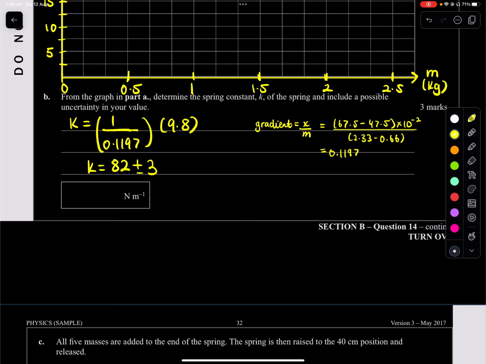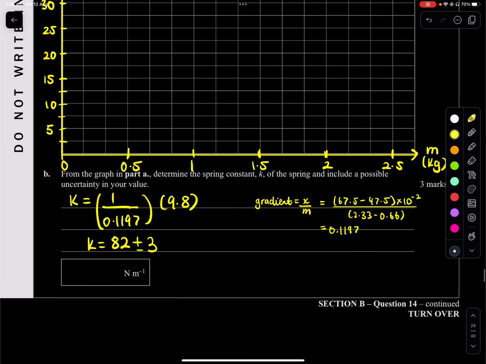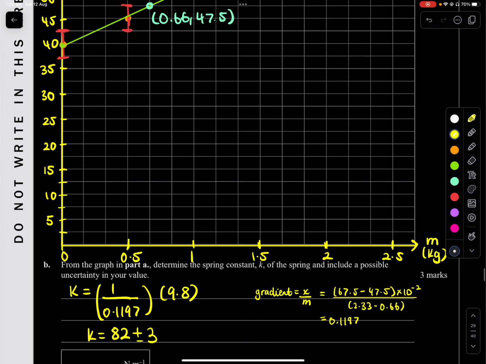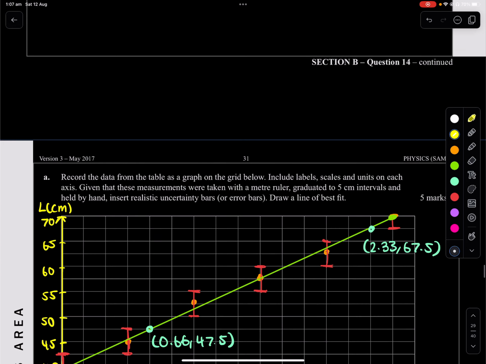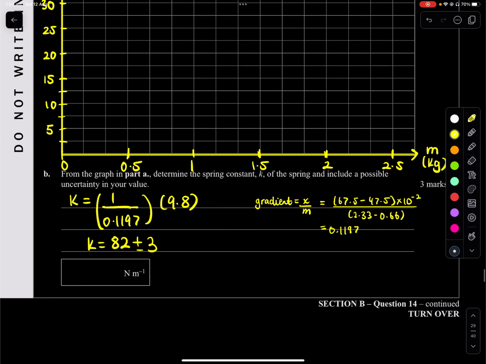By the way, this is not an actual real answer. It's a close approximation of the answer, due to the fact that you have to draw it and see the best line of fit. But it should be close to it. Newton per meter. Is that right? I'm not too sure of the uncertainty.